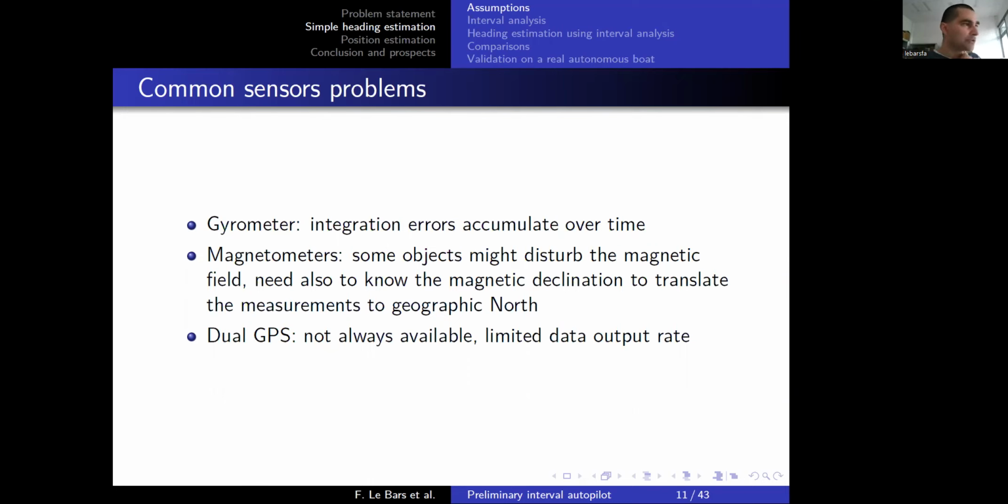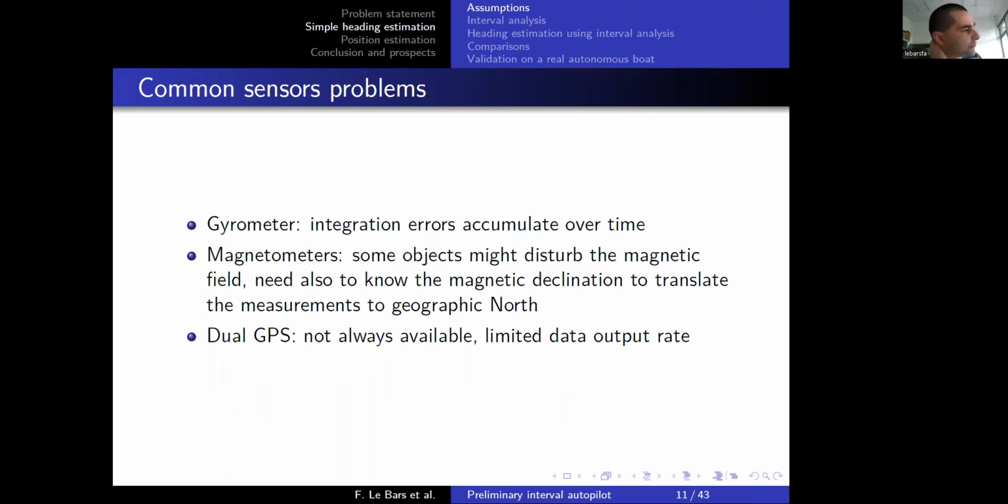For the magnetometers, magnetic disturbances can happen due to the components of the drone itself, or also due to some things in the surrounding environment of the robot.